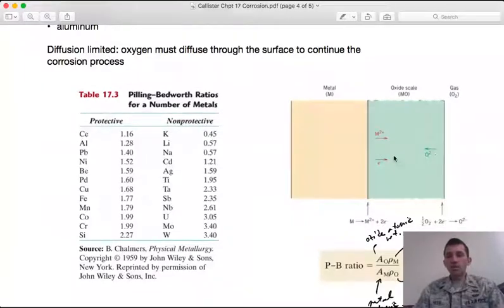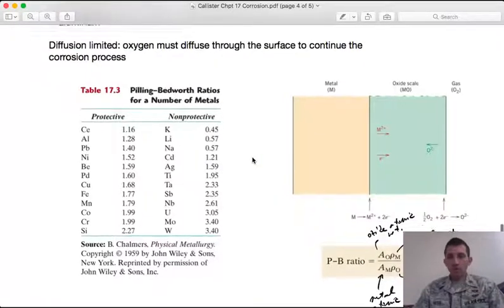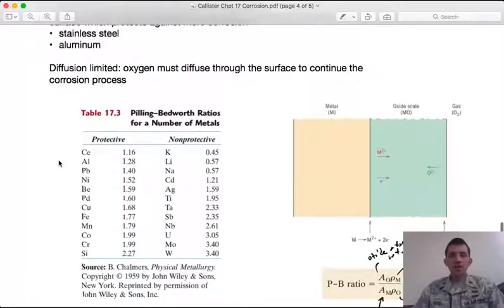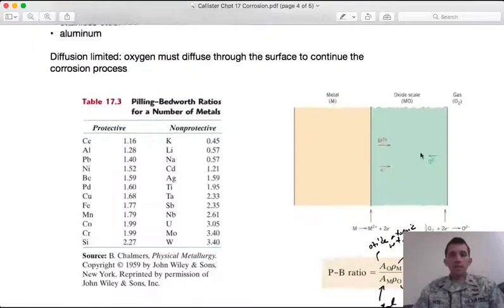The thicker it gets, the slower this process becomes until it essentially stops. And so you need an oxide layer, and you also need one that is not easily removed.